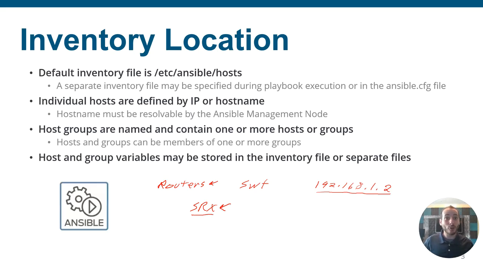But in your particular environment, you might find a reason to have perhaps ISP routers as a group. And perhaps this device is an ISP router as part of that group, and it also happens to be an SRX. Maybe you also have MX devices, and this could have been an MX204 and within the MX group as well instead.